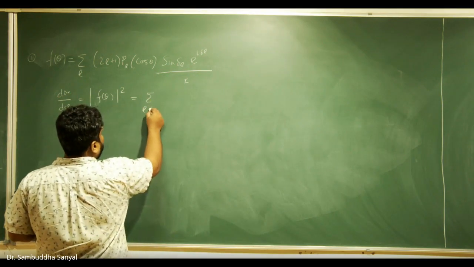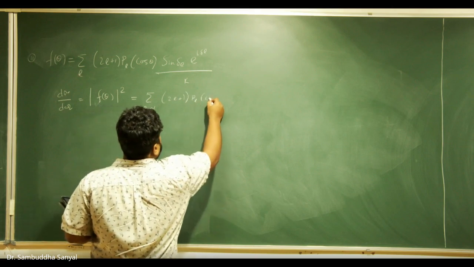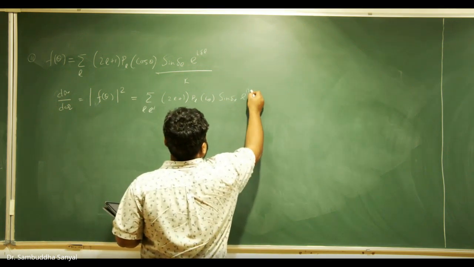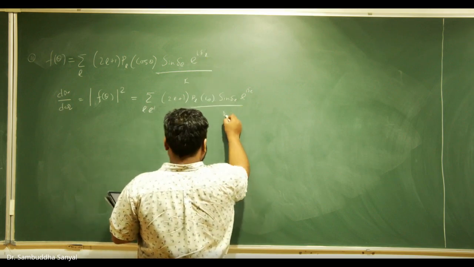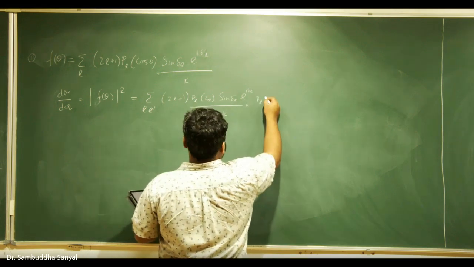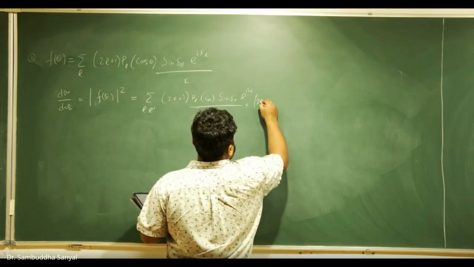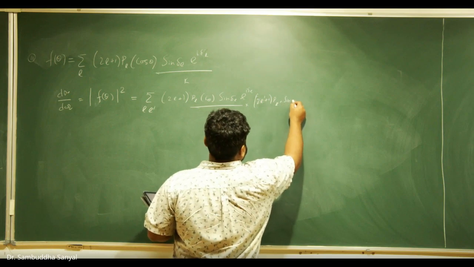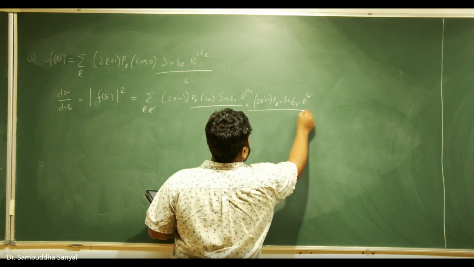So it should be sum over L, 2L plus 1, PL cos theta, sin delta L e to the power i delta L by k, times the same object with L prime, 2L prime plus 1, PL prime cos theta, sin delta L prime e to the power i delta L prime by k.